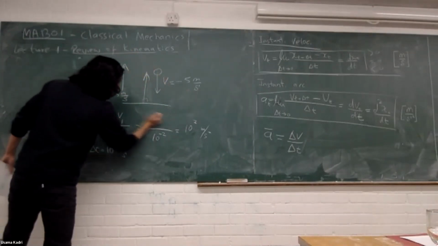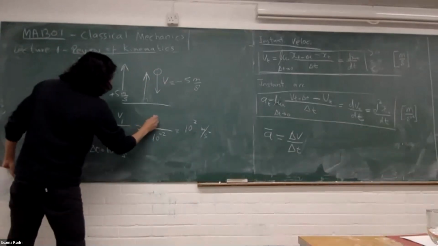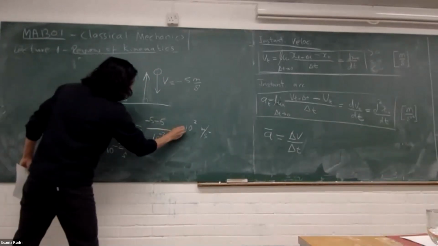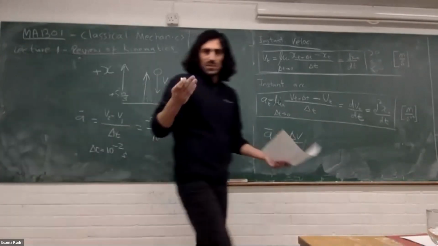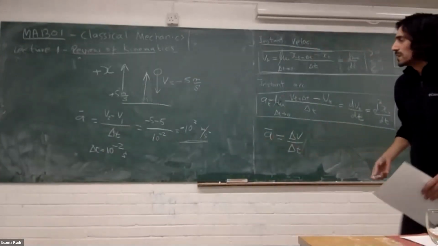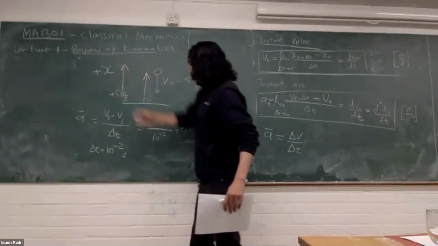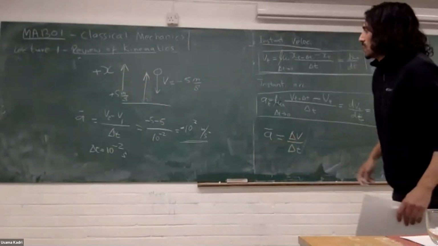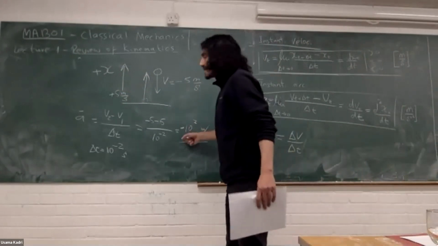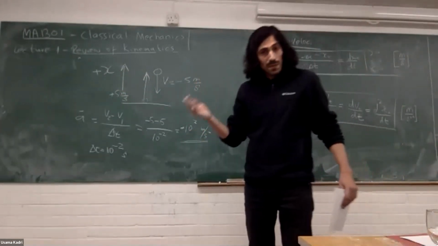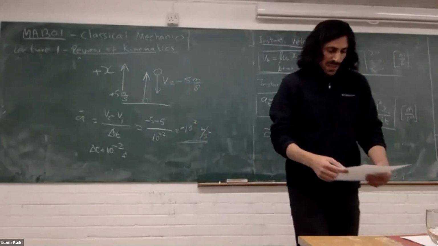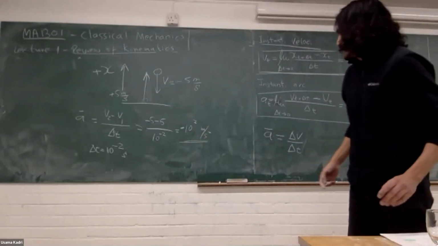So it would be minus 5, and it's minus 10. It's just a definition, right? We can define this in the opposite way and it would be plus 10. Okay, so we have an acceleration that has a magnitude of 10 to the power 3 meters per second squared.